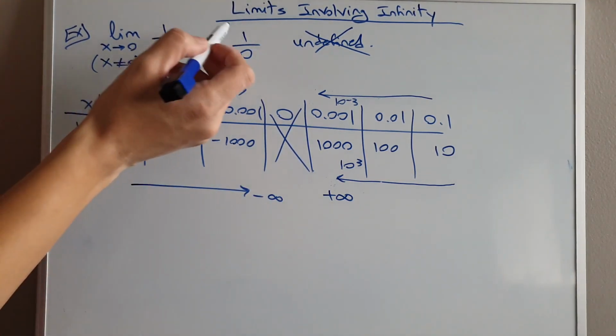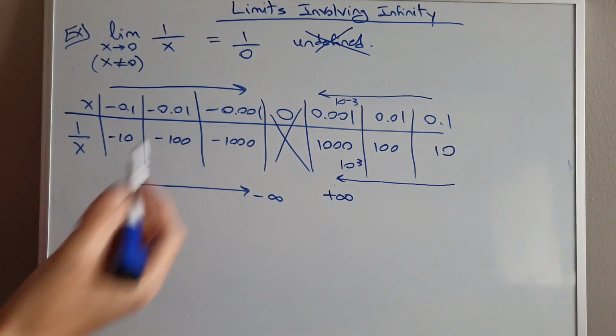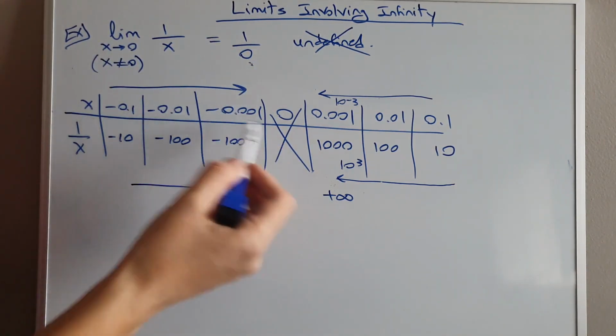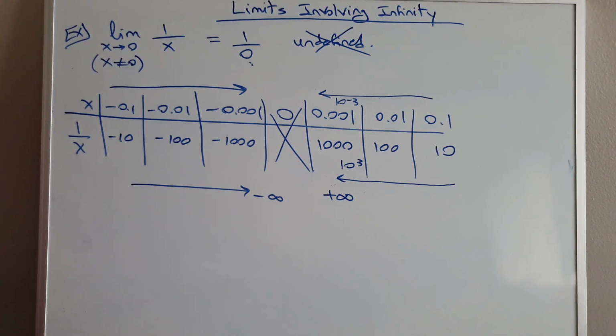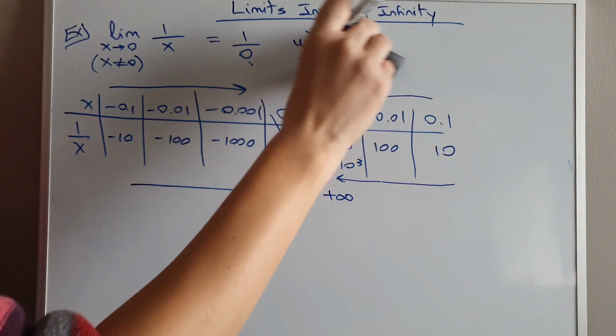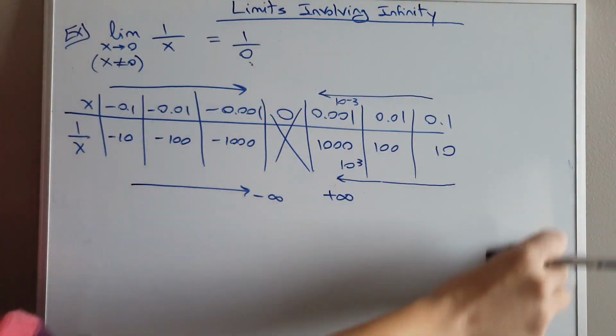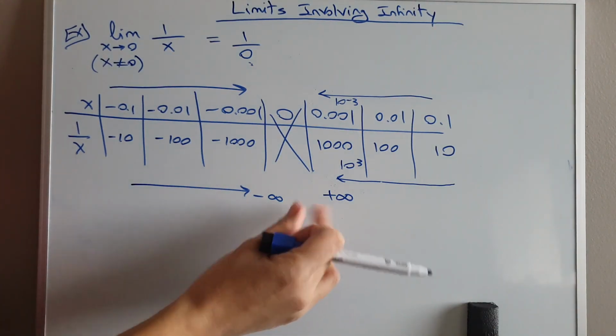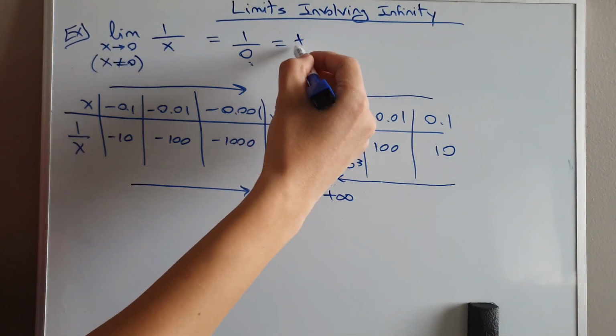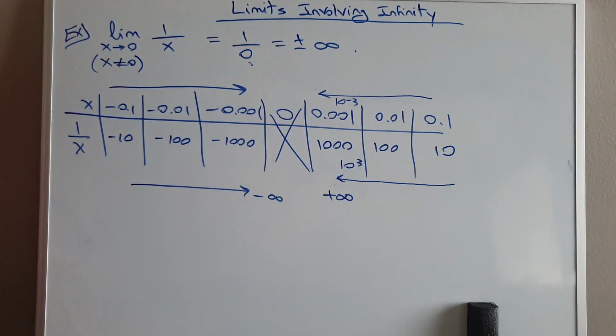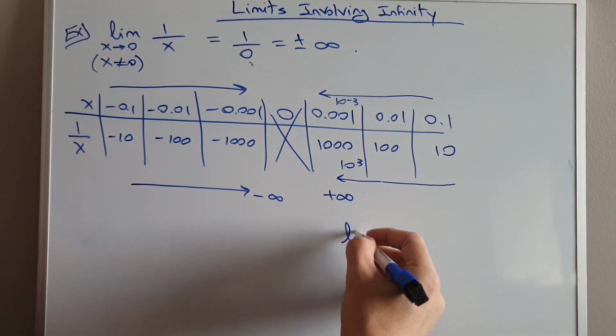So actually, 1 divided by 0 will not be undefined, because this is not actually 0. These are numbers closer to 0. Instead of writing undefined, we are figuring out that the value is infinity. It can be positive or negative infinity. If I want to be more specific here, we can talk about the right limit.